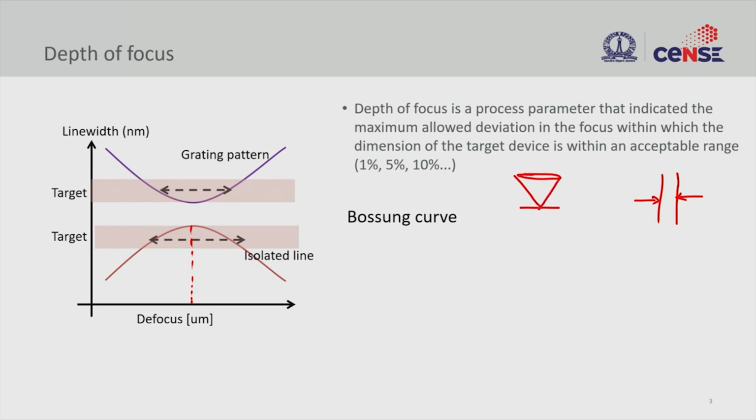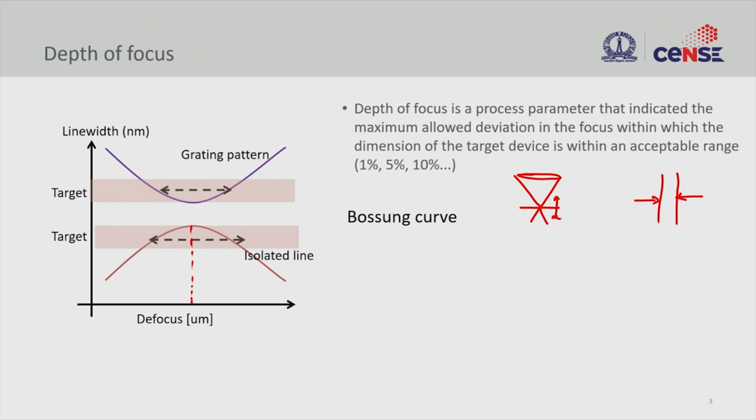I'm going to change the focus. This focus change could be coming from your wafer location. If it is not at the optimal location, it's going to go up and down. So this is how your rays are going to look. At the optimal focus, you get the best image. This is similar to the picture that we take with a camera, if you remember.